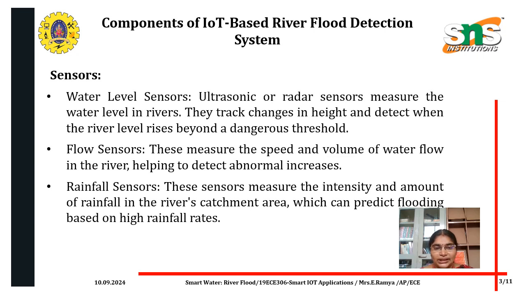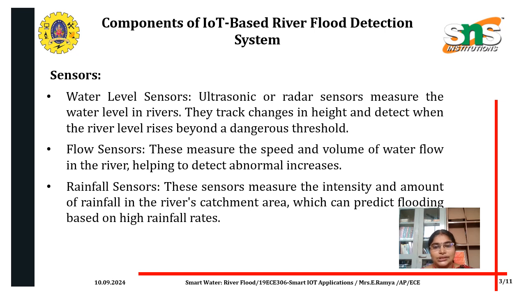First, an important thing is what the components of an IoT-based river flood detection system are. First we have to understand the device architecture of the IoT. The first part is the sensor part. Here, the water level sensor is used to detect the river flood.